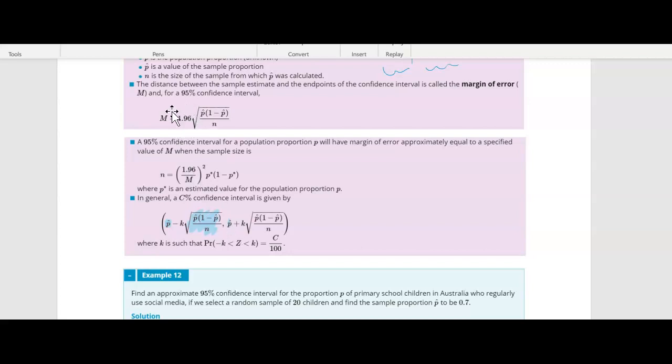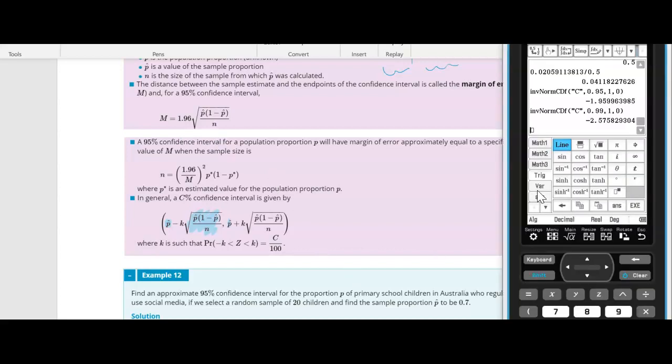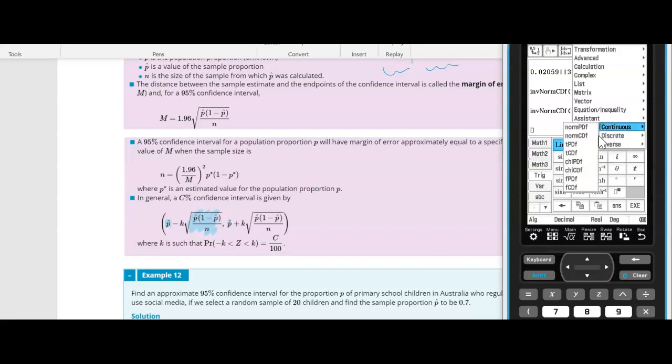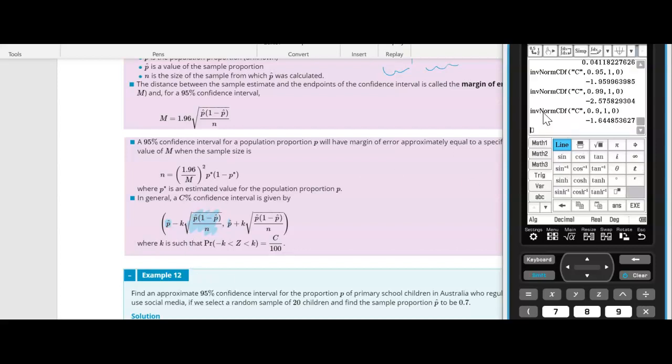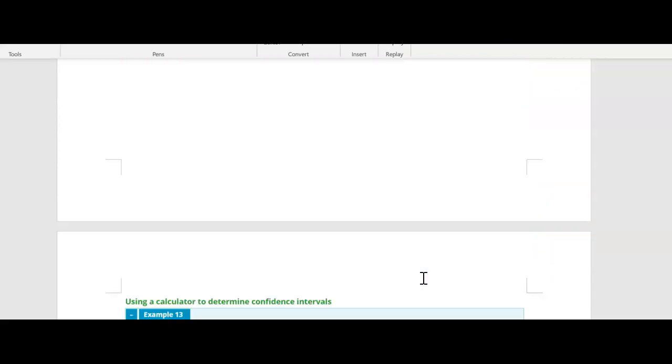So you can remember the 1.96, and we'll see that more than the other values, but you do also need to know how to find them on your calculator. So just use inverse normal, and choose center. If we wanted 90%, it's 0.9. Just do the standard, and your value of k would be 1.64. So there's example 12.